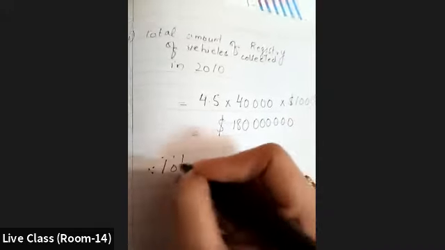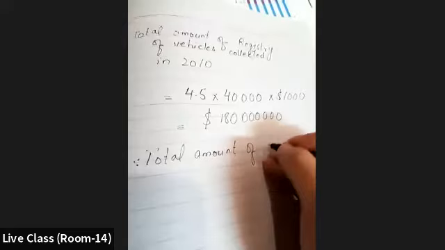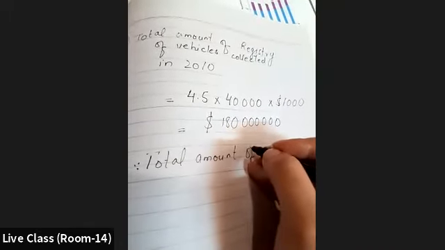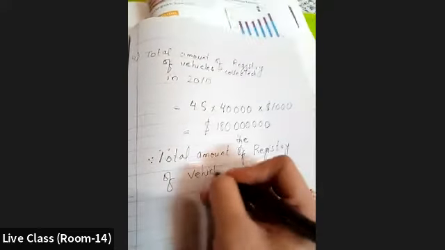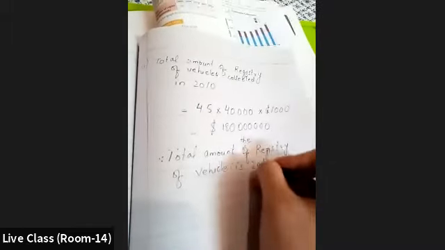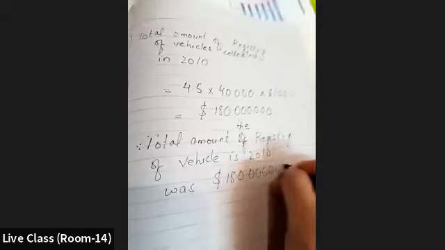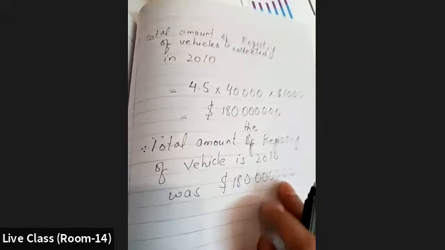Total amount of registry of vehicle in 2010 was $180 million, because we have 6 zeros, so it's million. $180 million.